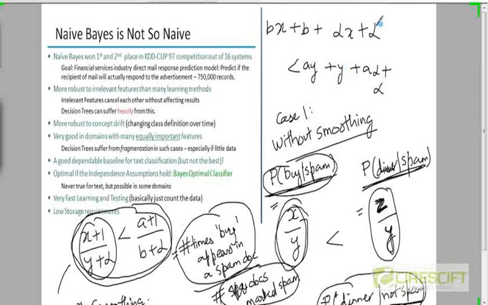Okay, so this is what we want to show. So alpha and alpha cancel out, and so this would be bx is less than ay.